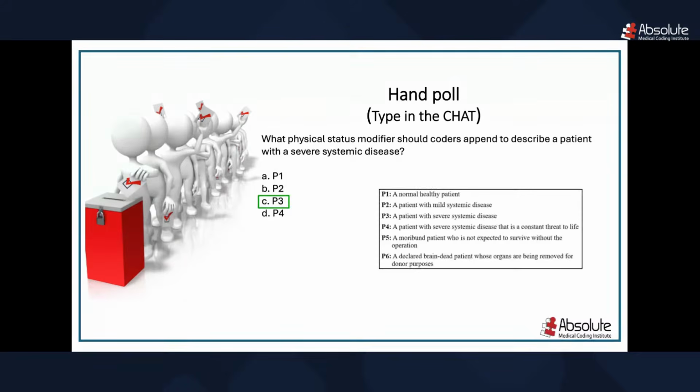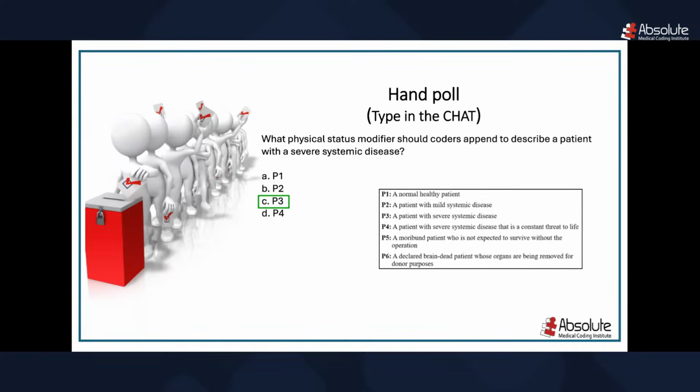I remember from the last scenario, because one option was severe systemic disease, and the other was severe systemic disease with constant threat to life. So this is how the practice helps us in remembering as well. Just by doing that scenario, it suddenly came to my mind. Okay, great. So keep on practicing, coders.